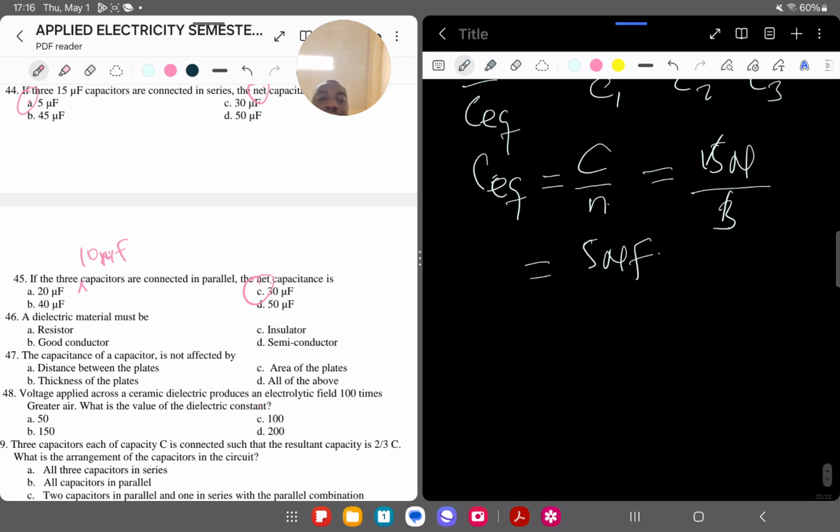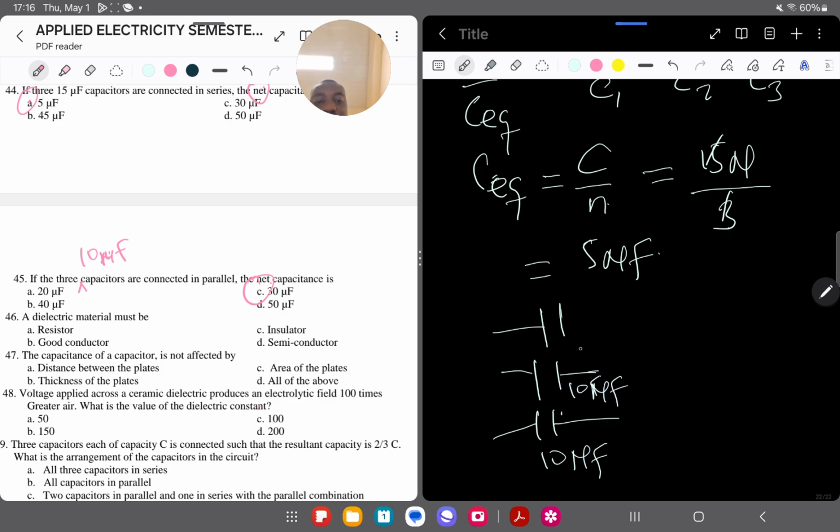So now I'm having 10. We have 3 of these, and each one is 10 microfarad, here and this one too is 10 microfarad. And this time they are connected in parallel, which is this, meaning end to end.